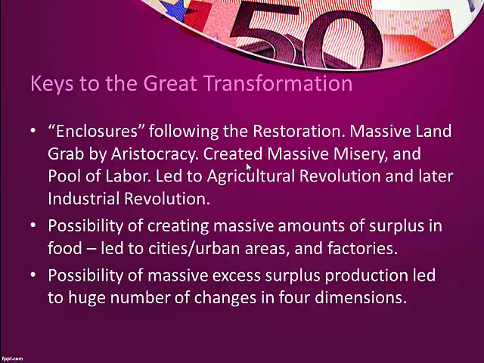They said, okay, we will put you back on the throne on the condition that we get these enclosures, which are massive pieces of land, and that the right to property becomes prior to the possibility of the monarch taking it away. So the right to property became sacred. A man's home is his castle. Once you have this property, nobody can take it away from you, not even the king.